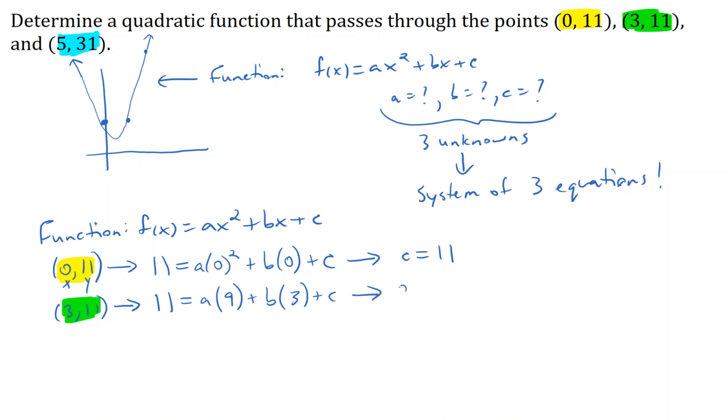Simplifying this equation, we get 9a plus 3b plus c equals 11. And so we're going to try to keep a, b, c, and then equals a constant on the right side, if we can do that. Alright, so there are two equations. Now we need a third equation from the ordered pair 5, 31.